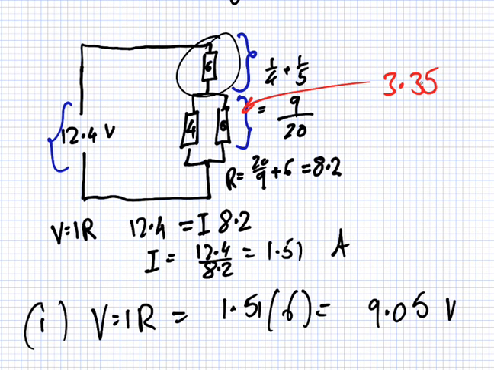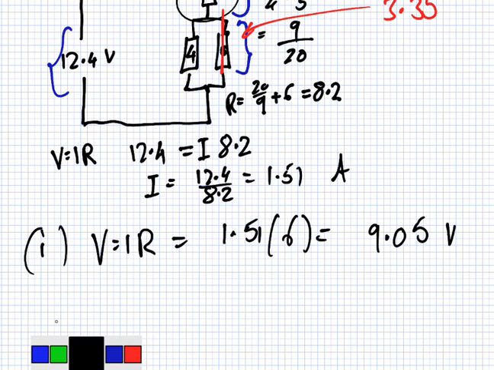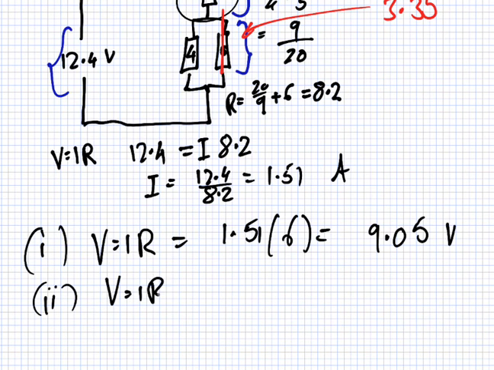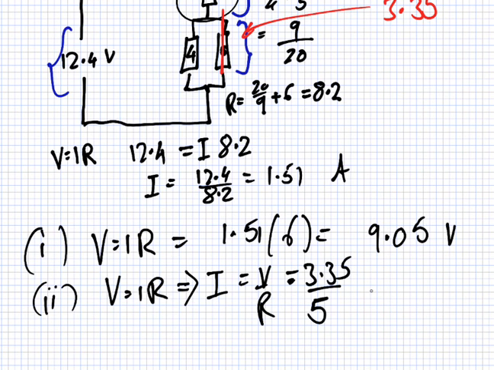Yeah. So you know the voltage here is 3.35. So we can just use the law again. V equals I R. I equals V over R equals 3.35 over 5, which is 0.67.